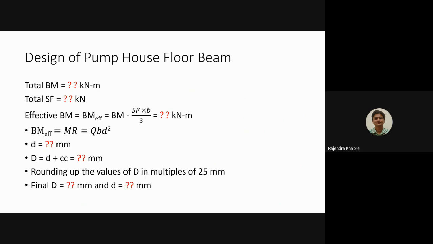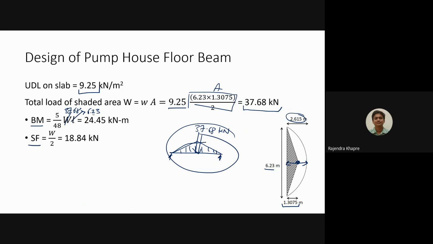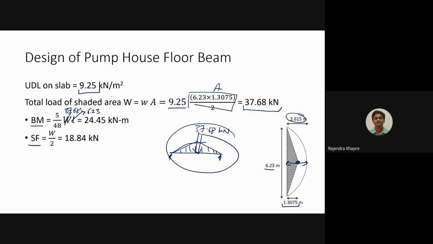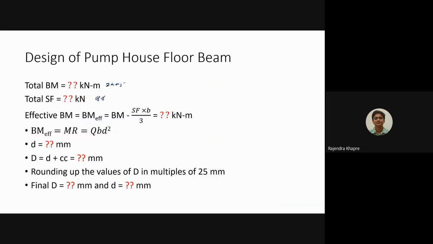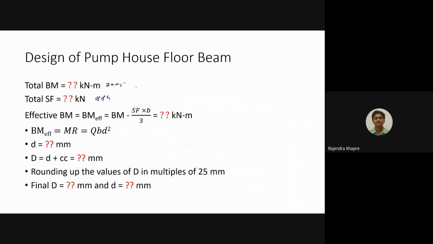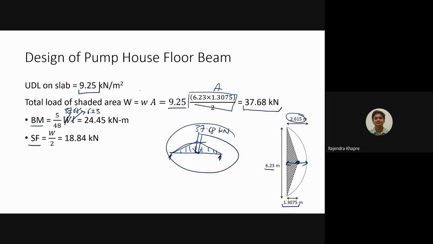तीनों वैल्यूज ऐड करो बेटा। I think this is 24.24, sorry, 24.45. This is 24.45 and 18.87, sorry 18.84, और इसके पहले का है 25.875, 25.875, and the shear force is 12.5.